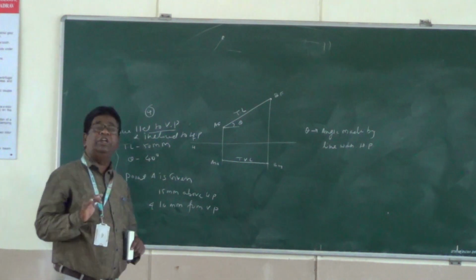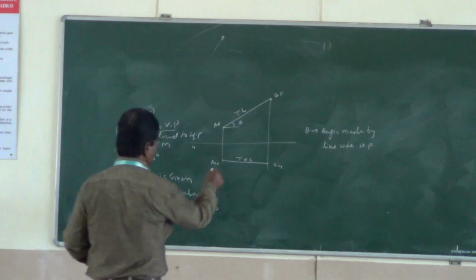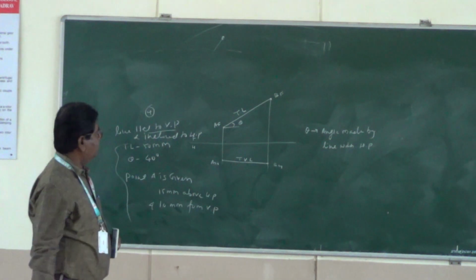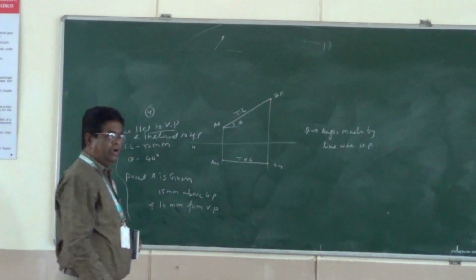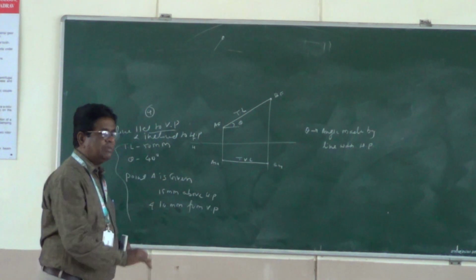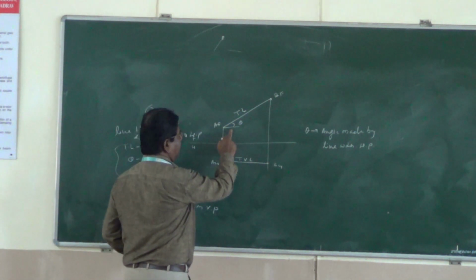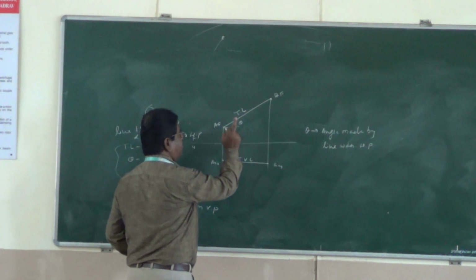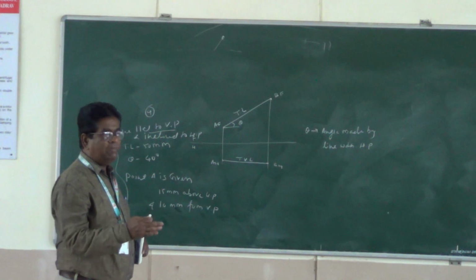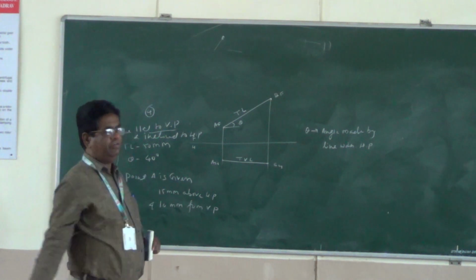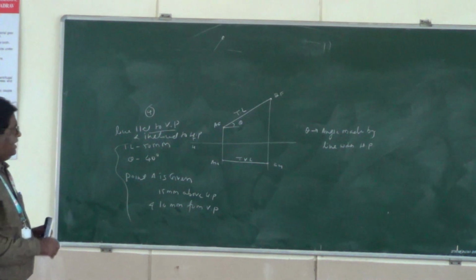We call it a TVL, top view length. What is called TVL? Top view length of line. Okay? And now this theta we observe in the front view, because that line will make some angle with HP. That is given here as 40. So this angle is the angle made by the line with HP. So the angle made by the line with HP is observed in the front view. Okay? So this is something about this fourth type of line.